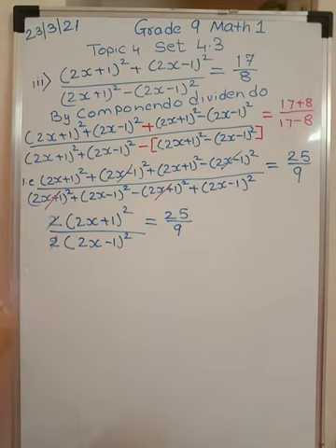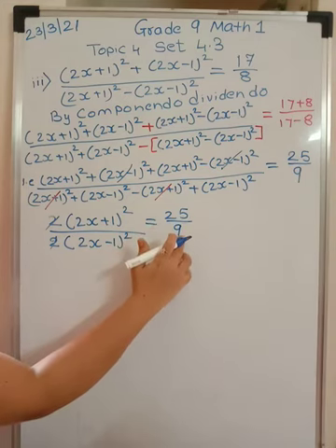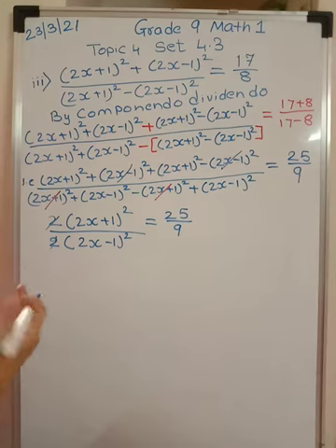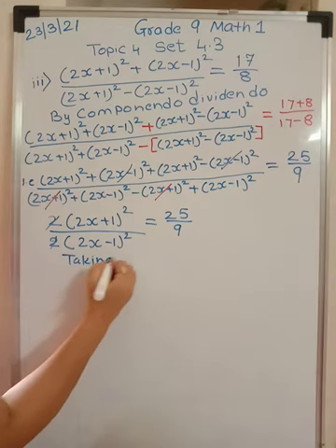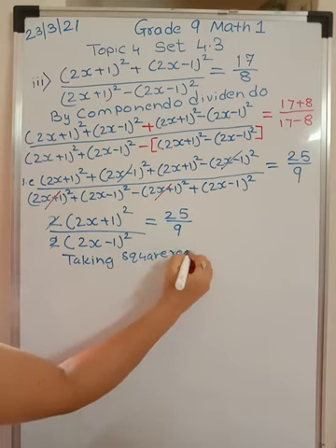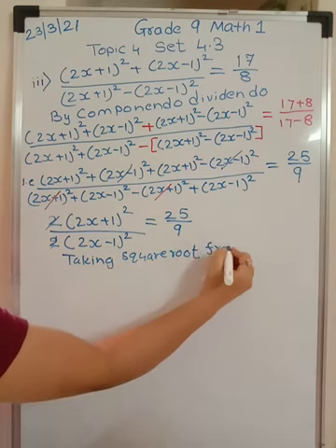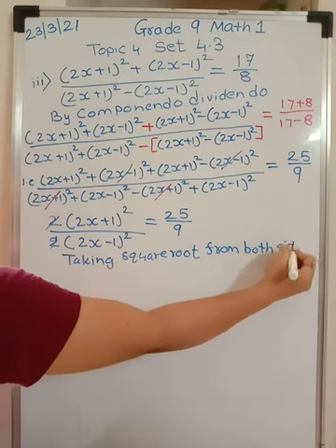2 will get cancelled. And look at this, this is square, this is square. These two are also squares. So to remove the square sign, I have to take square root. So what I am taking? Taking square root from both sides.